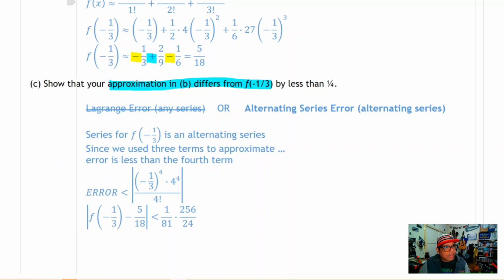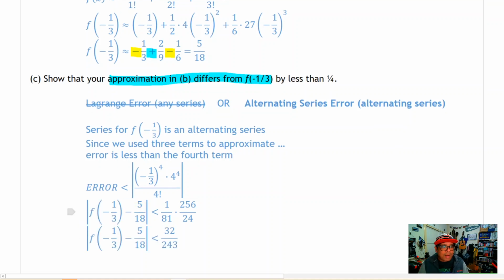Remember, don't get nervous here. This is not something you're going to evaluate. This right here just says error. It's not a math problem. So simplified, we have that 32 over 243 is the bound for the error using the alternating series error.